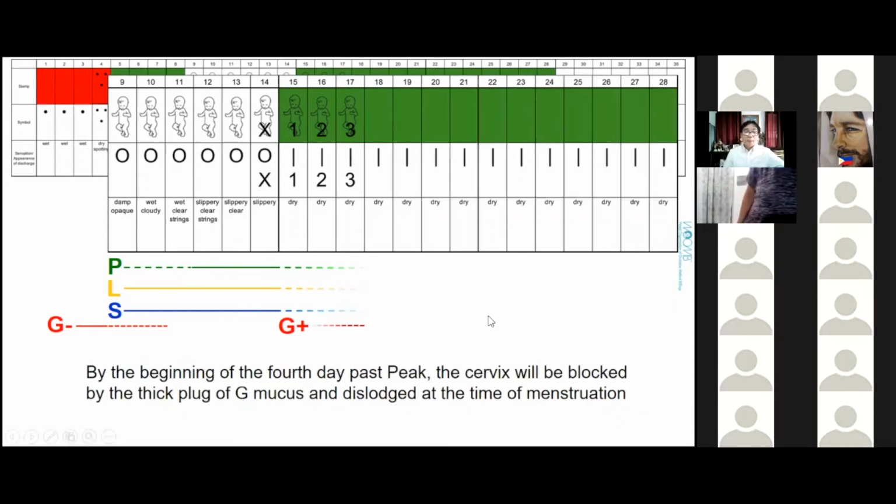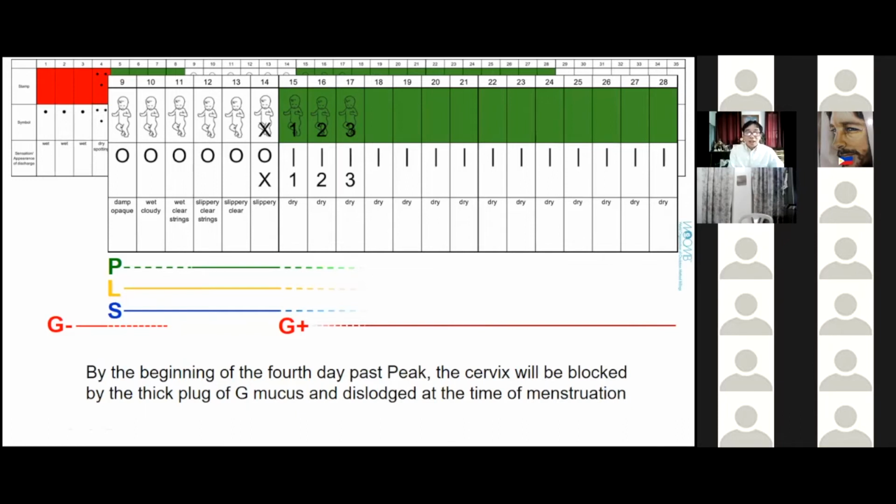Okay? And what happens now to the G plus mucus? The G plus mucus will now predominate, fully active on the fourth day past the peak day. Look at the straight line. No more dotted lines; there were dotted lines on day 15, 16, 17.